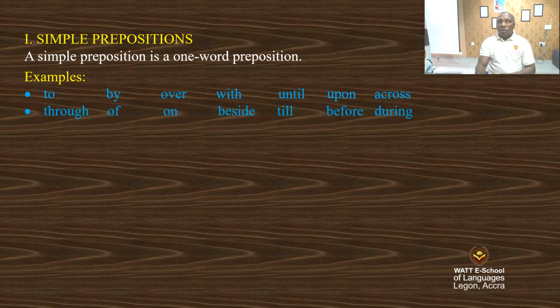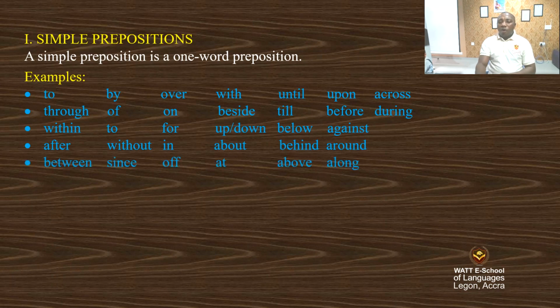We also have through, off, on, beside, till, before, during, within, to, for, up, down, below, against, after, without, in, about, behind, around, between, since, off, at, above, along, round, among, outside, out, from, onto. These are what we call simple prepositions. They are one-word prepositions.